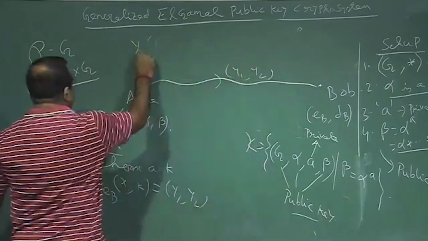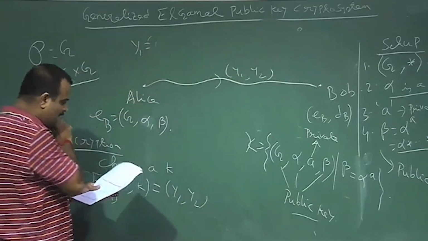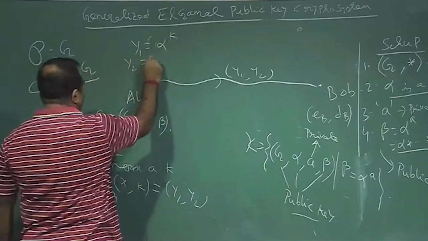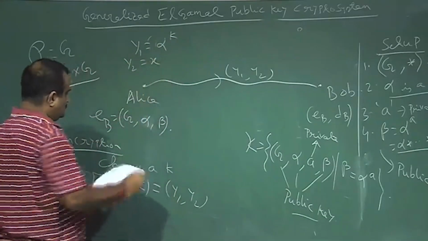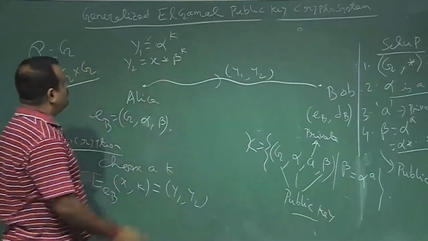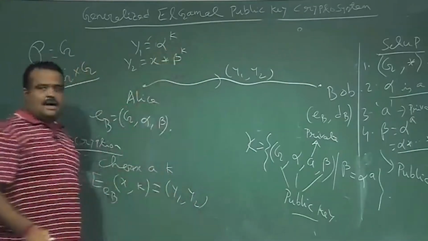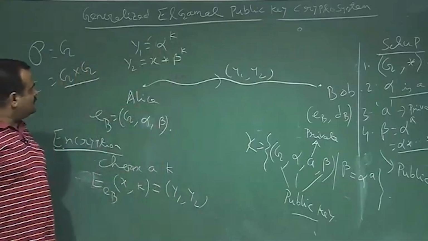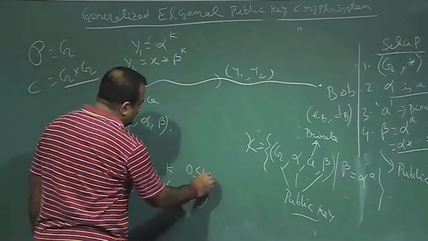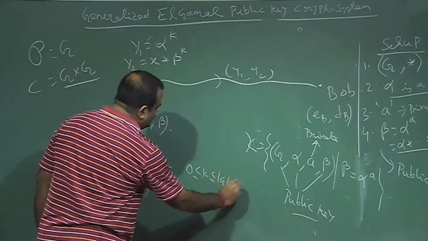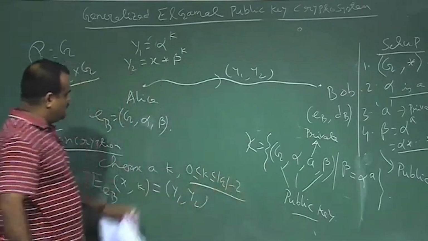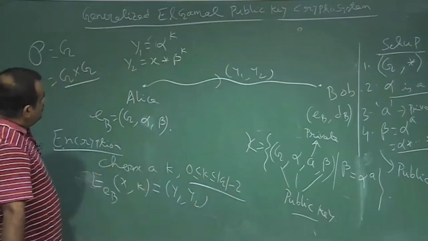So what is y1? Y1 is basically alpha to the power k, and y2 is x masking beta to the power k. This k comes from 0 less than k less than g minus 2, the random number Alice is choosing.